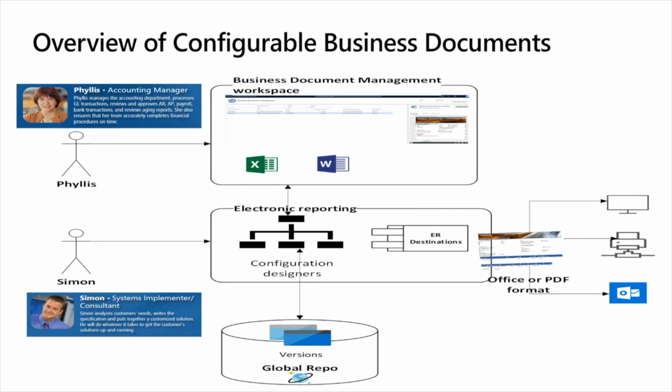Simon has a lot of power. He can create new versions of reports. He can do a lot of formulas, mappings, etc. And we have released quite a lot of configurations from Microsoft, more than 400, and our partners and customers have released thousands of them on top of the electronic reporting framework.